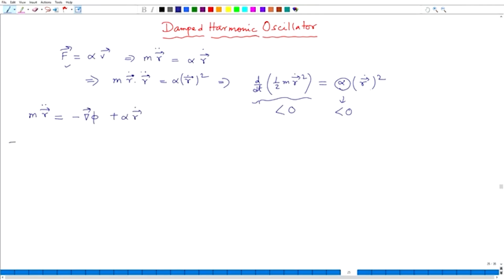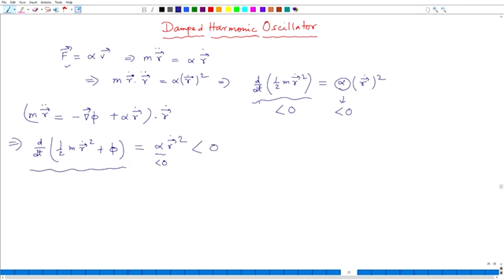Then, just by doing the dot product with r dot, you can show that d/dt of half m r dot squared plus phi will be equal to alpha r dot squared, and again if alpha is negative, then it is negative. So you can also say that here the total mechanical energy is also dissipating.